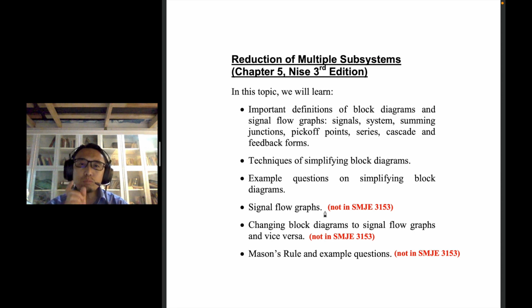And then how to move blocks past or before summing junctions, and how to move blocks past and before a pickoff point. And then you will apply the familiar forms rule. Or otherwise, if it still doesn't work, you can just write down the equations for a small part of the block diagram to allow you to solve the overall problem.